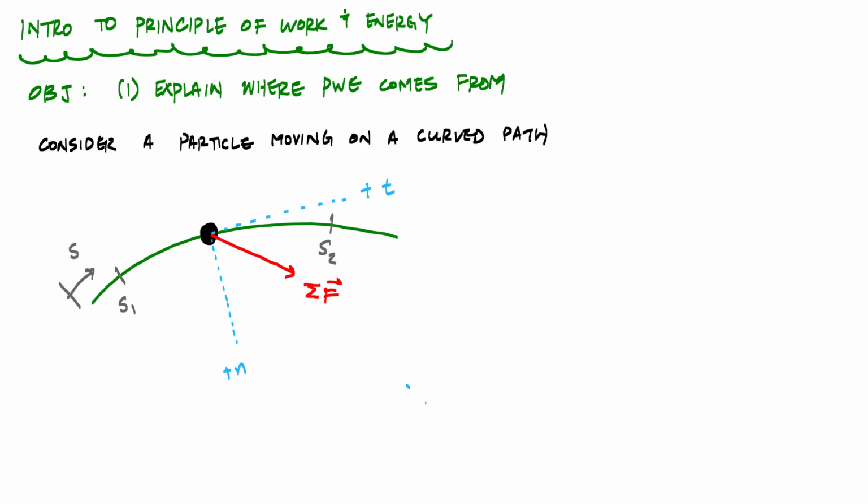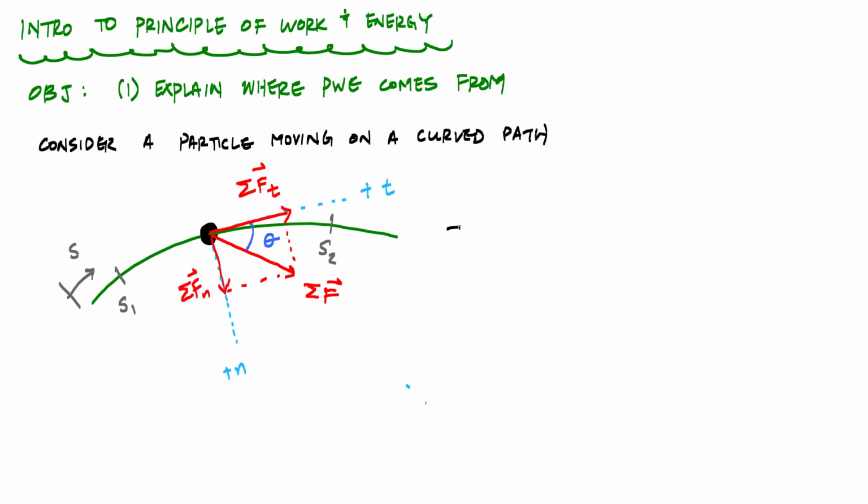And I can break this up into components. If there's an angle between the tangent and the force resultant, we'll call that angle theta right here. There would be a force resultant in the tangential direction, the sum of the forces in the tangential component, and then a normal component, just from breaking it up into normal and tangential components.